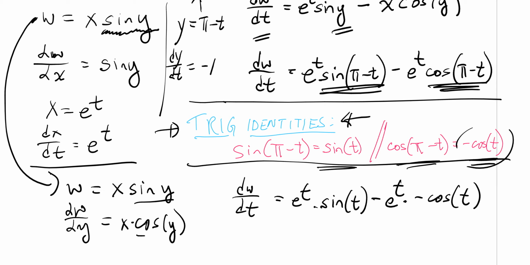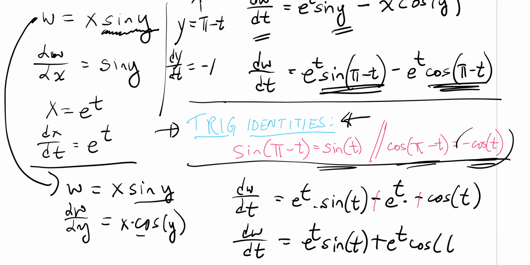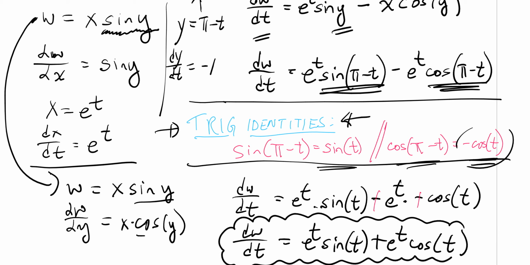And so, final thing, these two negatives mean that the answer is dw dt equals e to the t sine of t plus e to the t cosine of t. And you could factor the e to the t out, but either way is fine. Either factored out or not is not better or worse.